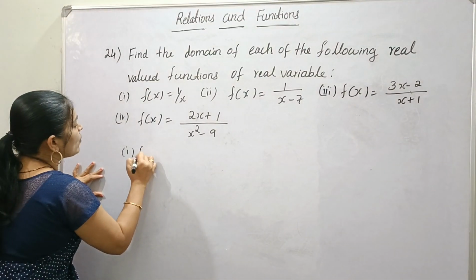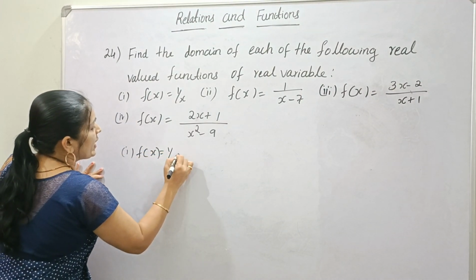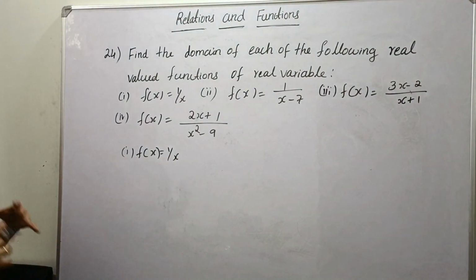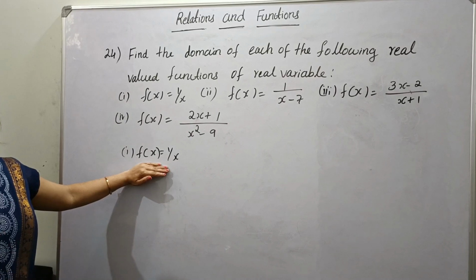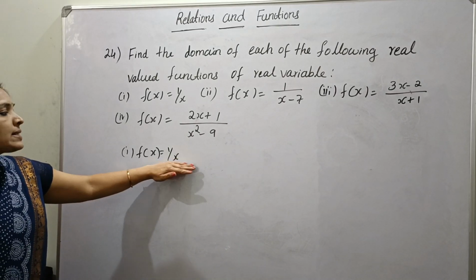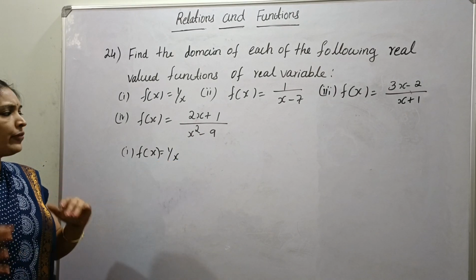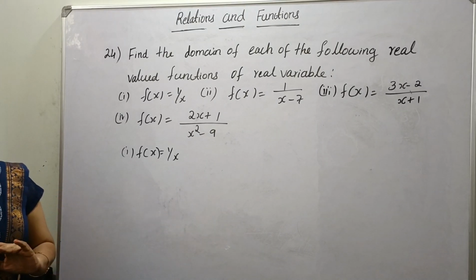So first one, f of x is equal to 1 by x. See, in this function we know that f of x is defined for all real values except x is equal to 0, because if x is equal to 0, this function will not be defined.